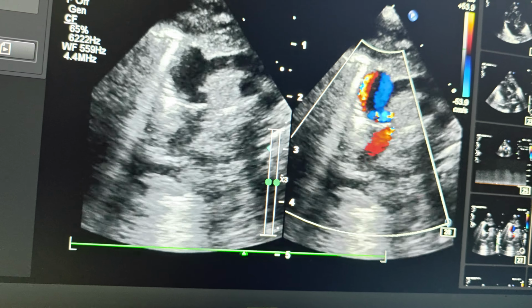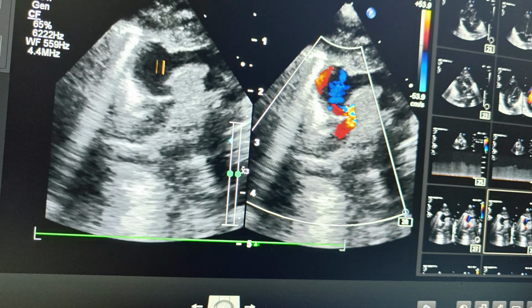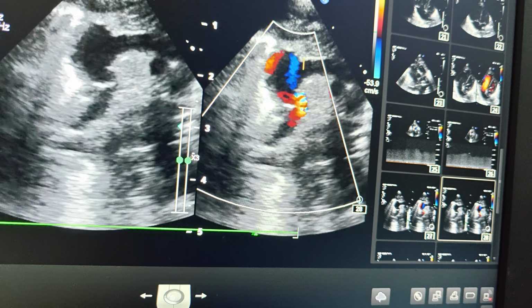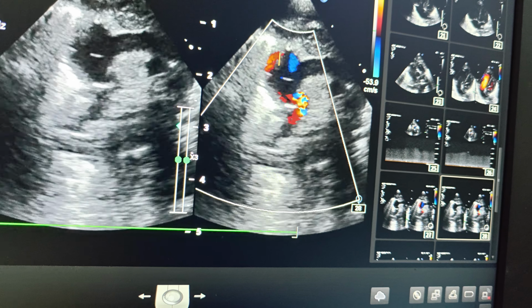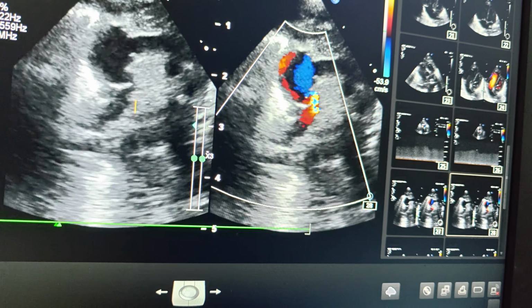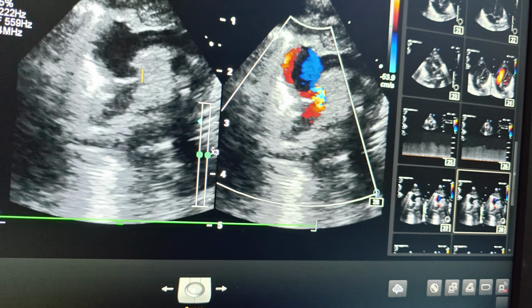Now the next image, again the same thing. This is the suprasternal view. Obviously this is the coronal plane. So this is the left side, left innominate. This is the right side, right innominate. Here a straight vein is coming and finally joining. You see the opening here is very small.